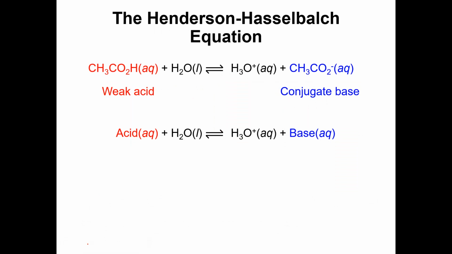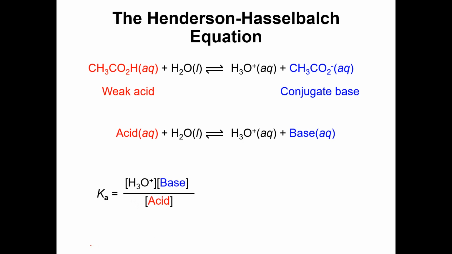So how do we know what the pH of a buffer solution is? Or if we want to make a buffer solution of a certain pH, how do we know how much of our weak acid and our conjugate base to add? Well, there's actually an equation that can help us calculate those things.